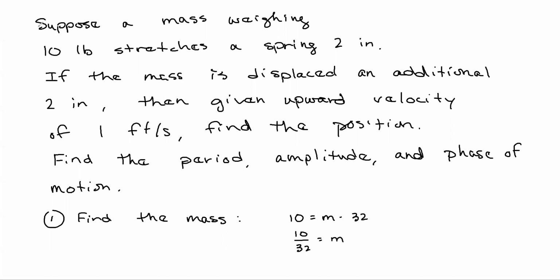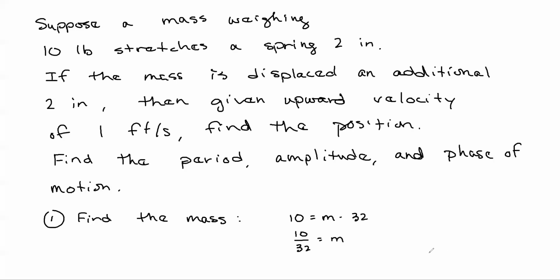All right, 2. We need to find the spring constant. So the spring constant, we get the force that's pulling on the spring. Well, what's the force that's being pulled on the spring?